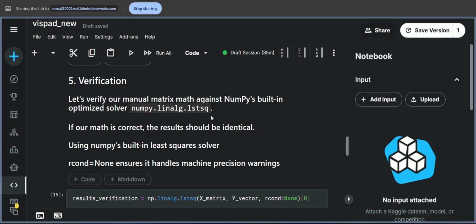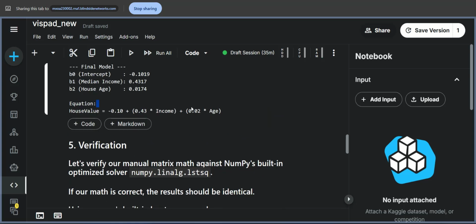Now we are going to verify the solution, right? Even the linear regression model that we use directly from scikit-learn is still a black box kind of thing.